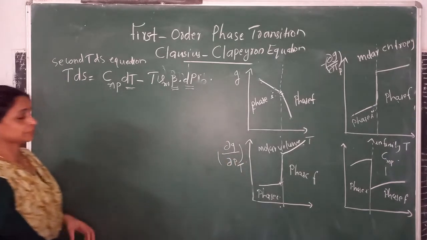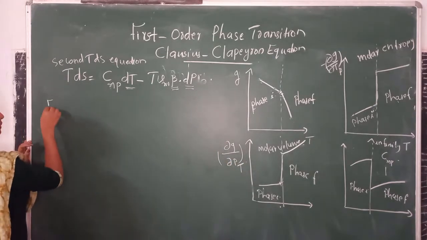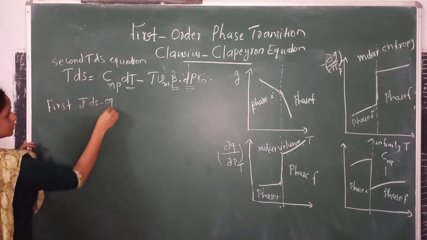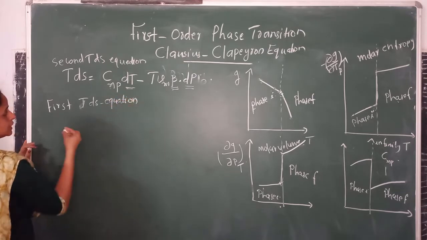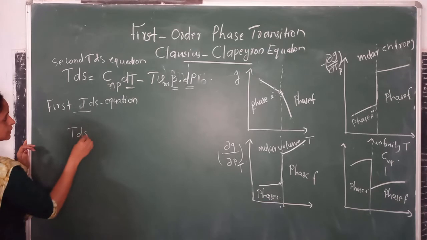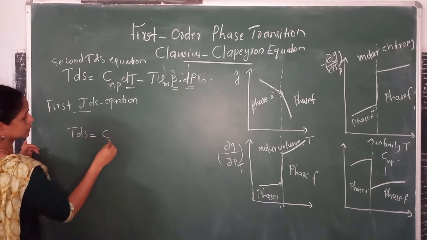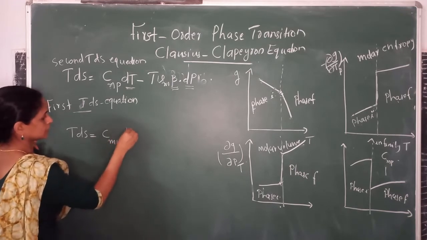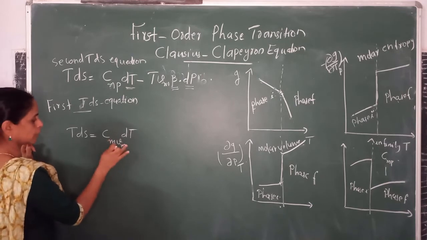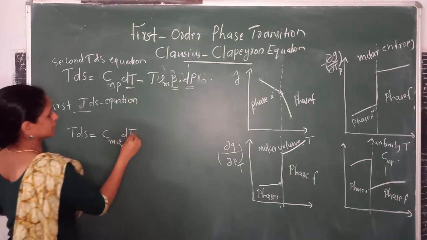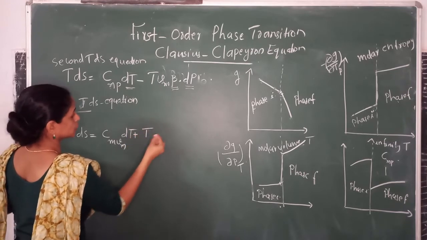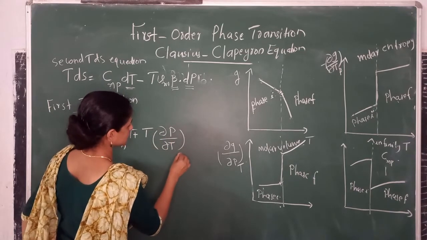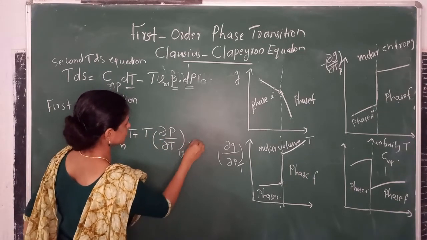For the first TdS equation we can write TdS equal to Cmv, the molar heat capacity, dT plus T into dou P by dou T at constant volume into dV.